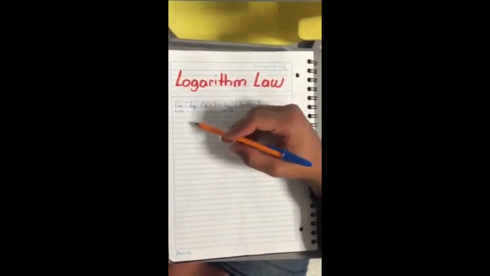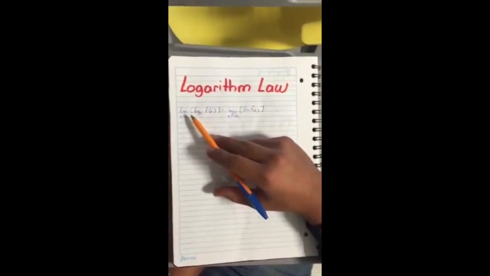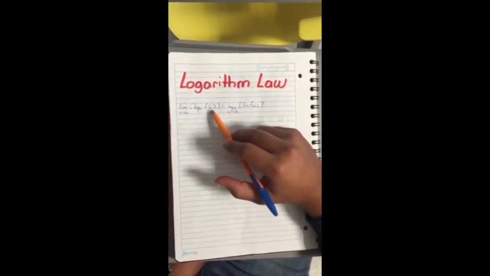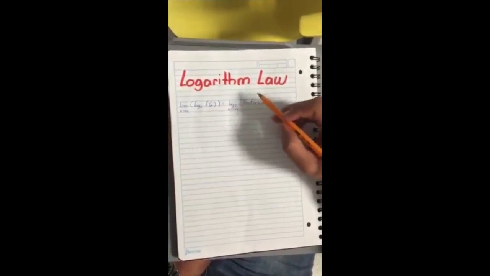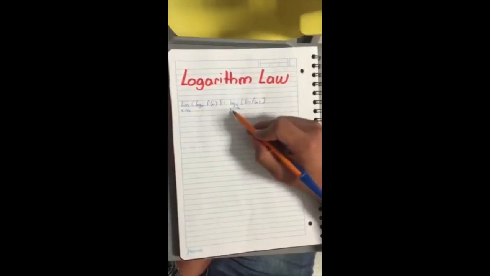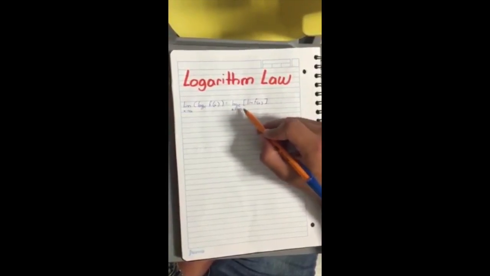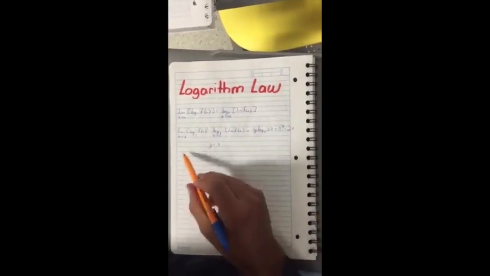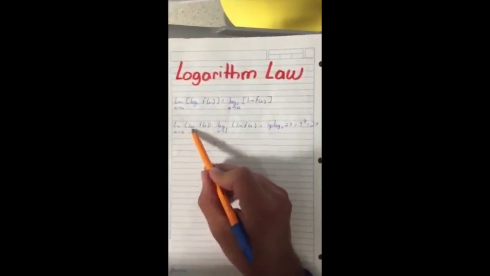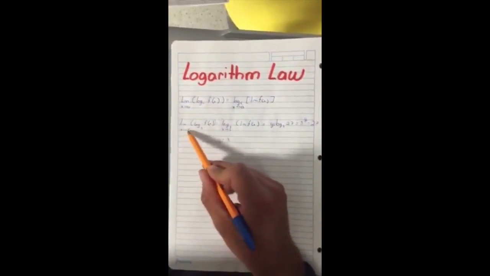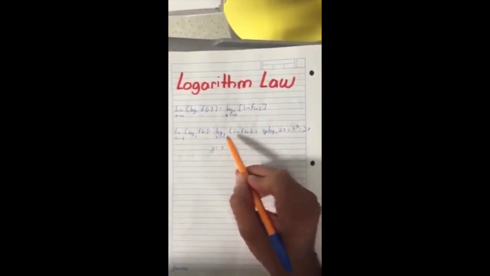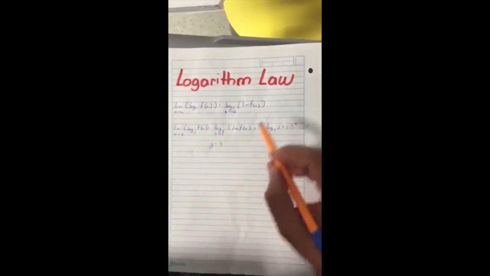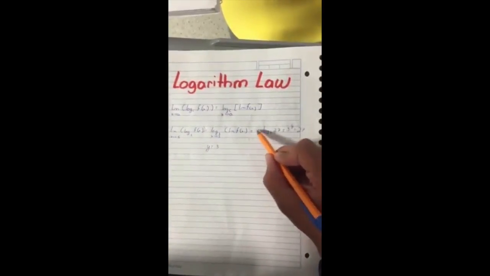Logarithm law. In this law we have that the limit of a logarithm of f of x when x is approaching a is equal to the logarithm of the limit of f of x when x approaches a. In this example we have that the limit of log base 3 of f of x when x is approaching 5 is equal to log base 3 of the limit of f of x when x is approaching 5, and then we have to substitute.